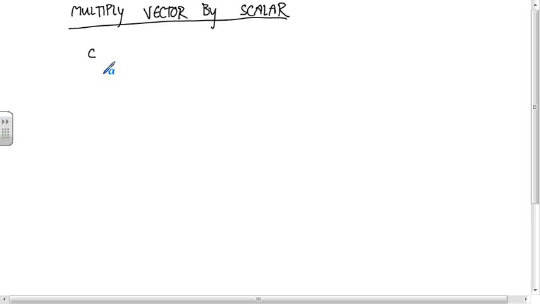To multiply a vector by a scalar, say that your scalar is c and you're multiplying c times this vector x, y, z. That just gives you cx, cy, cz.